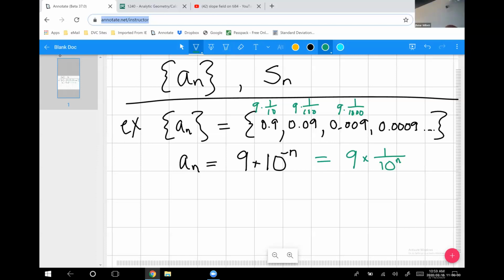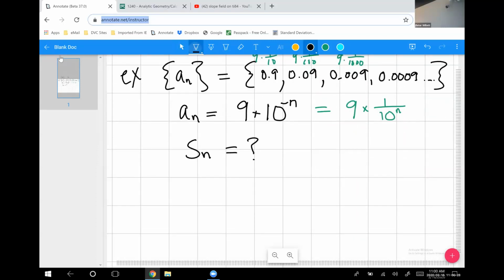Okay. So this is an example of an infinite sequence. So now we can ask ourselves, what is the infinite series? We can just look at this by definition and then consider it numerically.